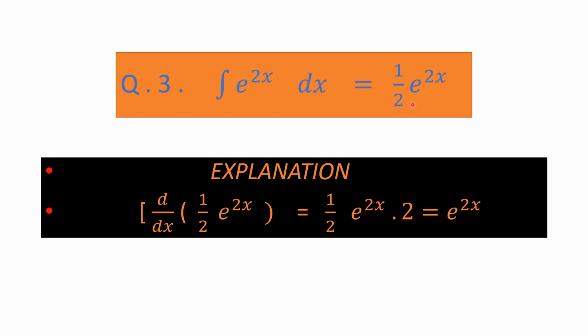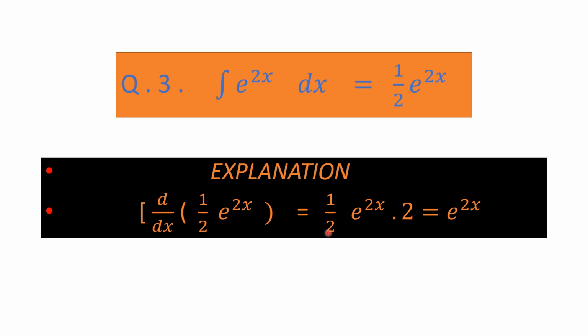Right? Now we will be solving this question another way round. If you have to calculate the derivative of this statement. Now the derivative of 1 upon 2 e power 2x will be 1 upon 2 as it is multiplied by e power 2x multiplied by the coefficient of x. In derivatives, the coefficient of x is multiplied in the answer. So you will write 2 here.